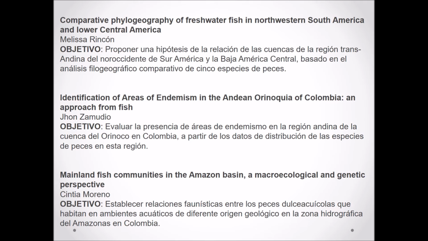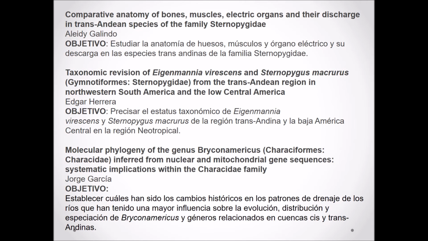We have mainland fish communities in the Amazon basin, a macroecological and genetic perspective.